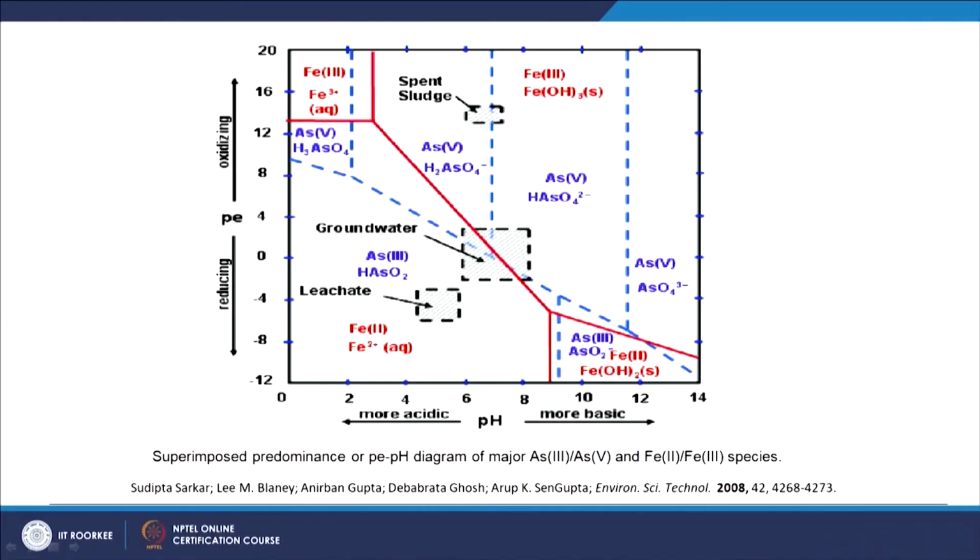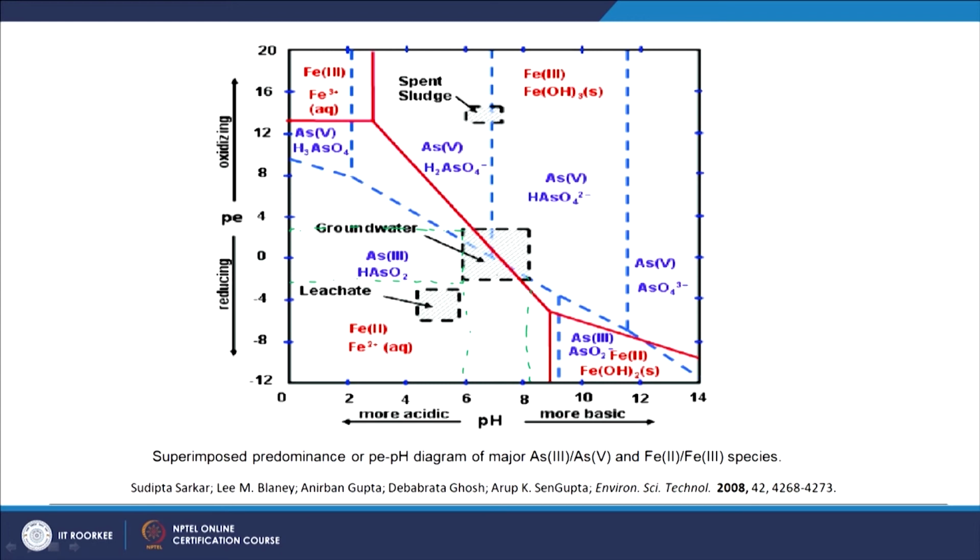Now let us try to see the practical relevance. Here we have a region that is supposed to conform to groundwater. The pH we are saying is going to be between 6 and 8, and the pe values for groundwater are typically in this range.